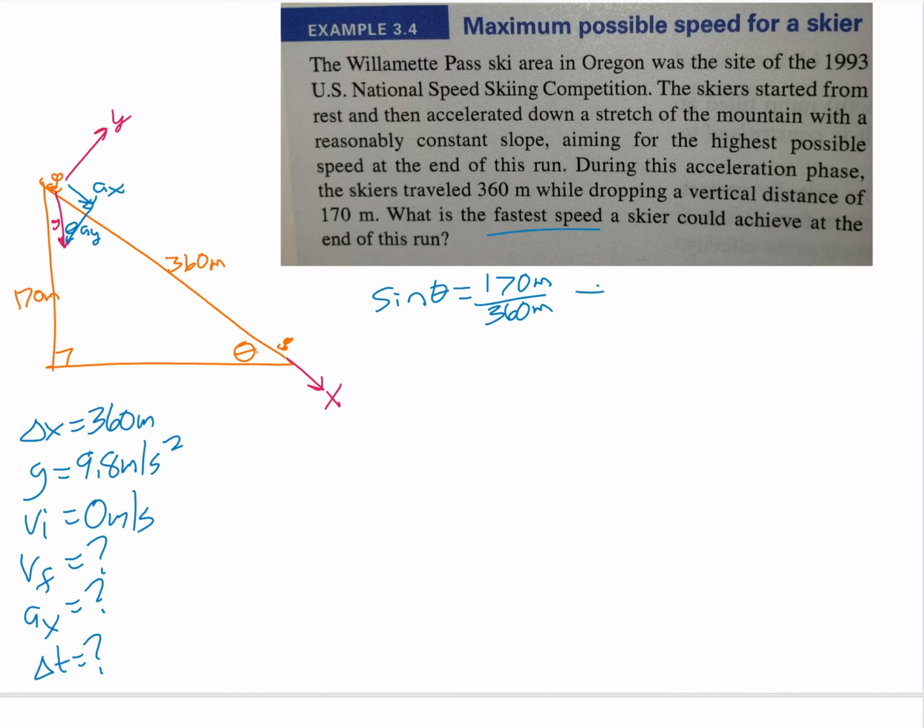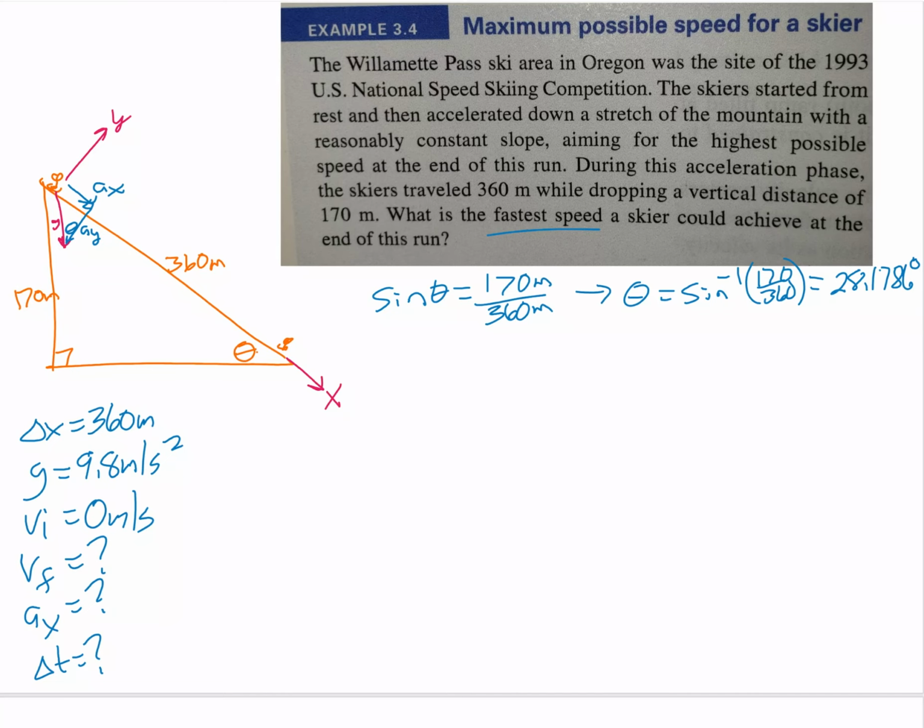So theta equals inverse sine of 170 over 360. 28.1786. Obviously, that's not significant figures, but we don't care because that's not something we need.